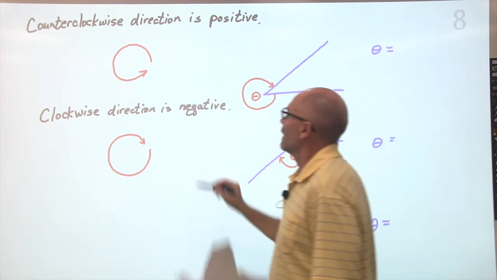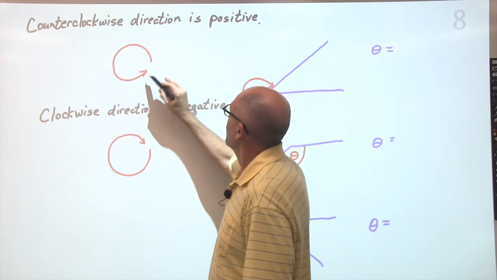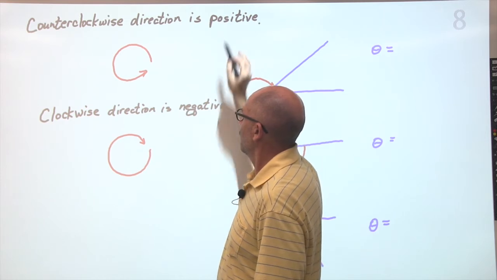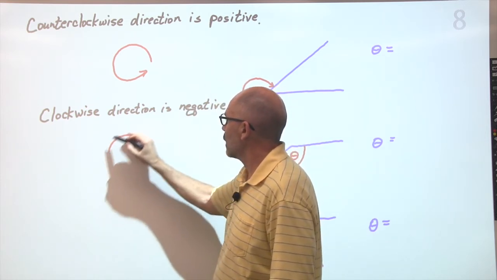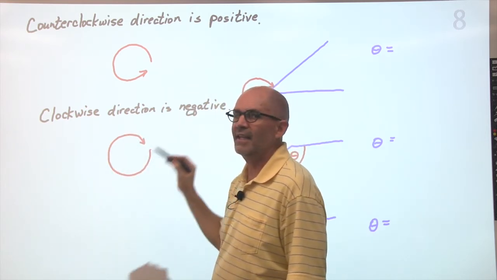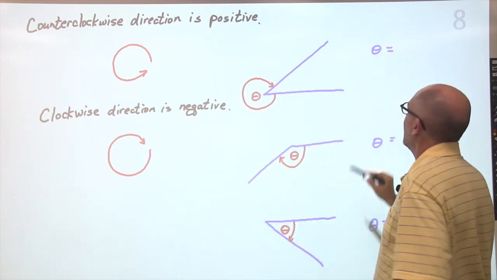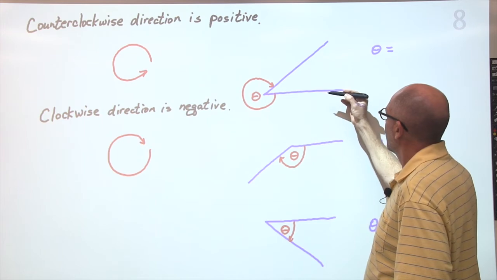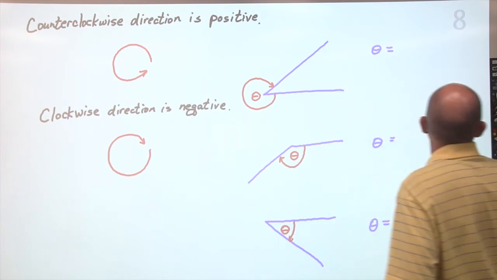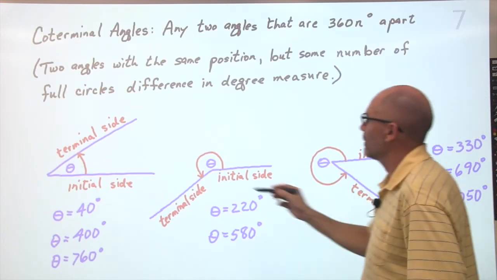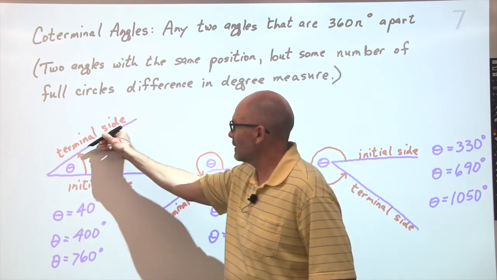Now, like we said, the counterclockwise direction is positive. The clockwise direction is negative degree measure. So this looks like the same angle that we had in the slide before, where it starts here and goes up to here.